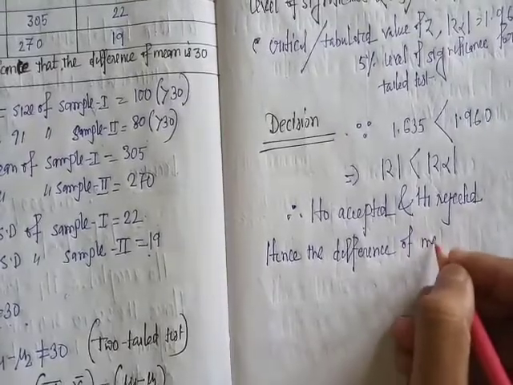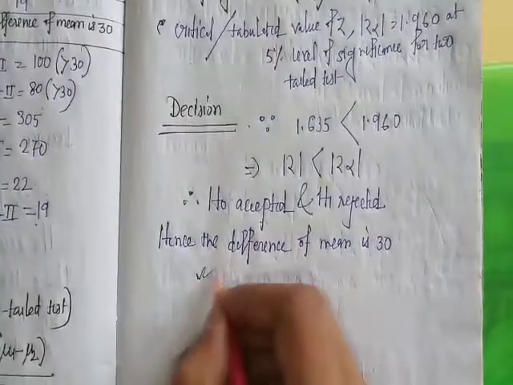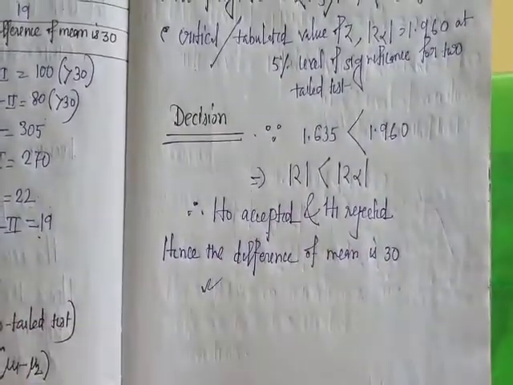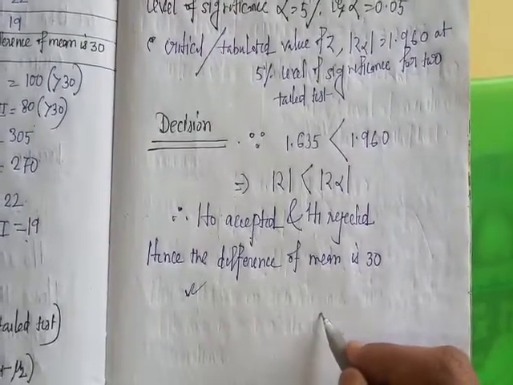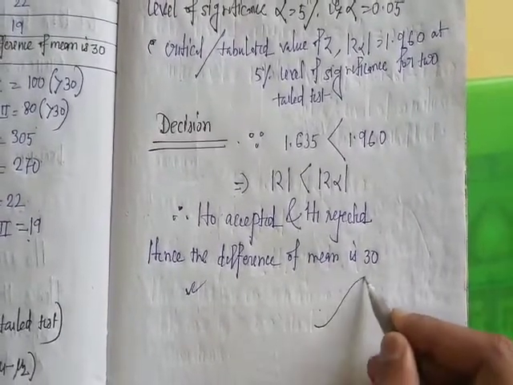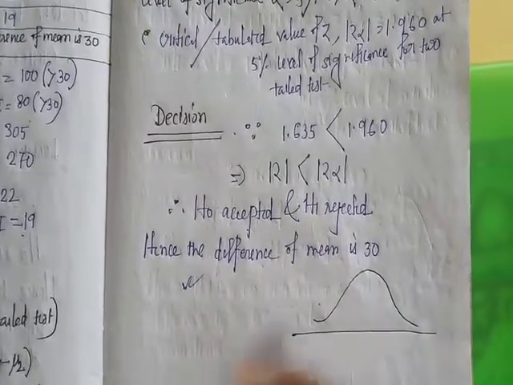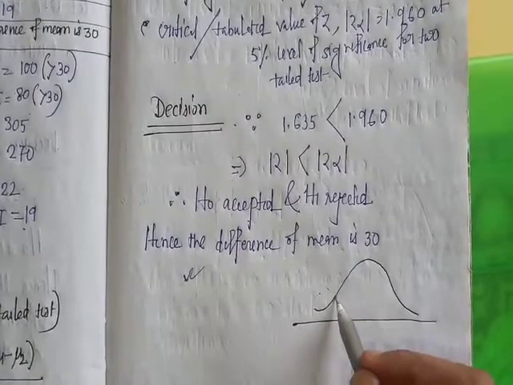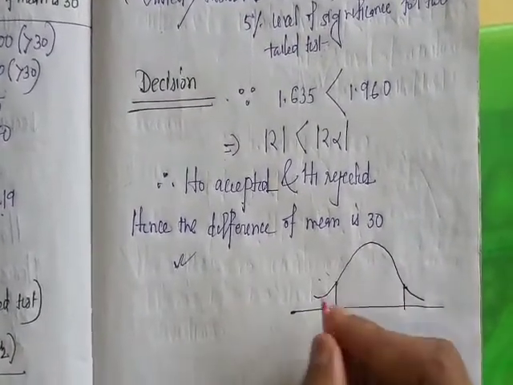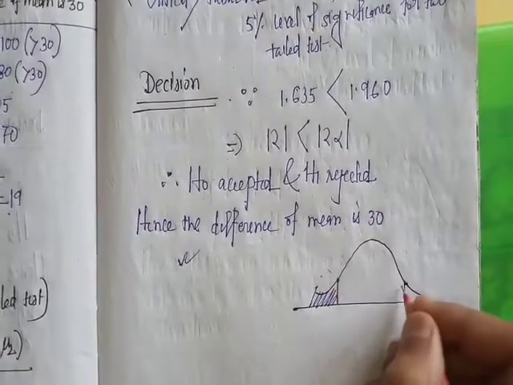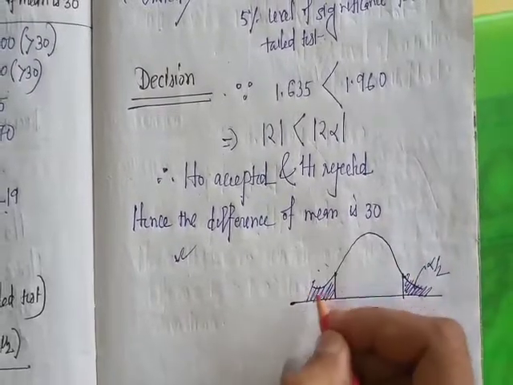Okay, now we will draw this figure. For a two-tailed test, error will occur on both sides. This is alpha by 2, this is also alpha by 2.